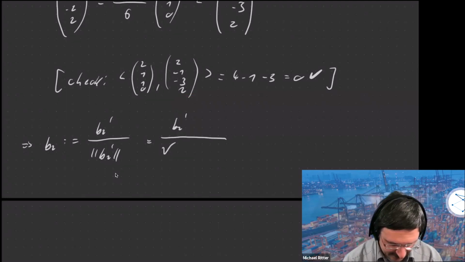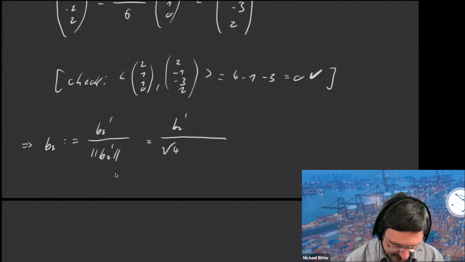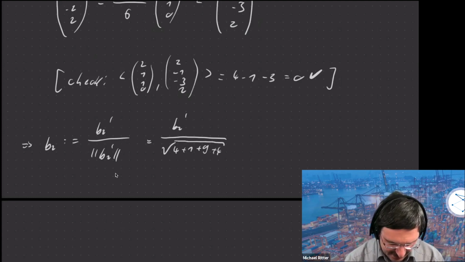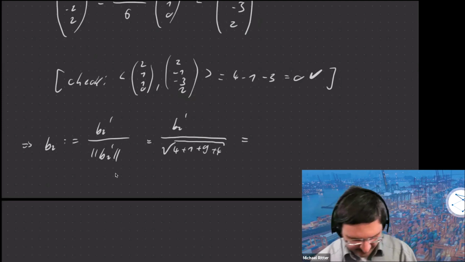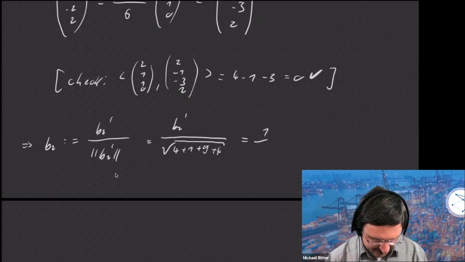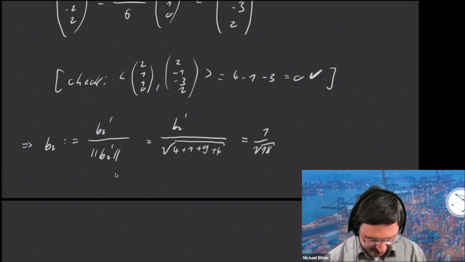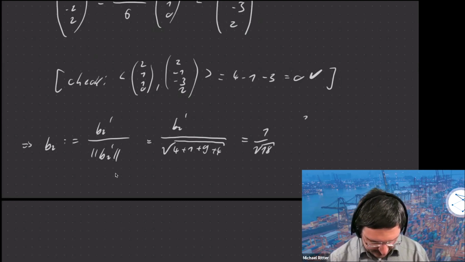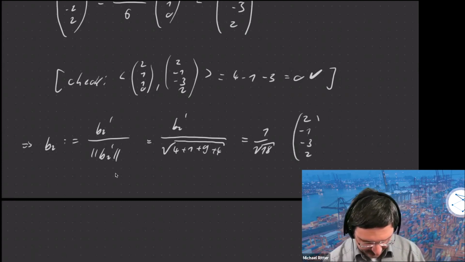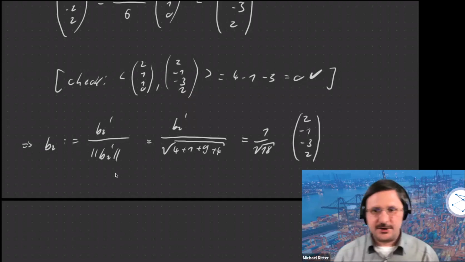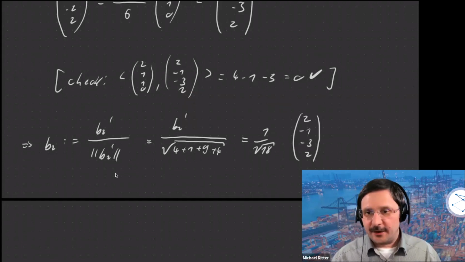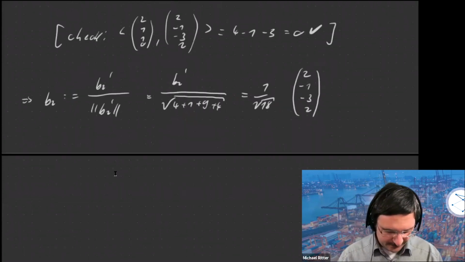That means what we get is the square root of 4 plus 1 plus 9 plus 4. So that is 18. Well, not the most beautiful result, but we can live with that. Square root of 18 times 2, minus 1, minus 3, 2. So that's B2. And there's our orthonormal basis for U.